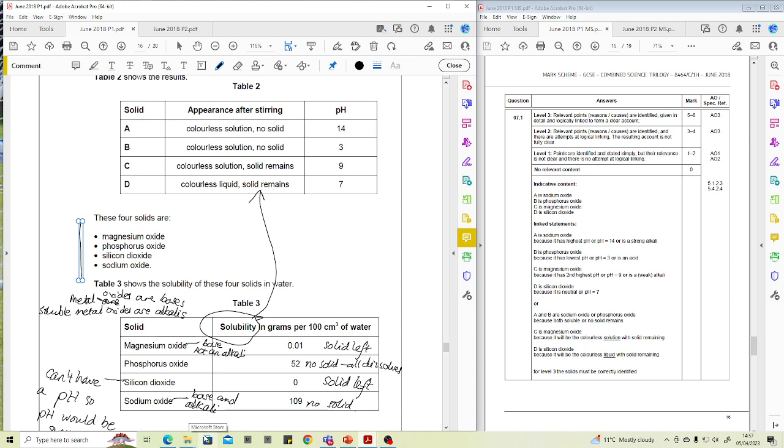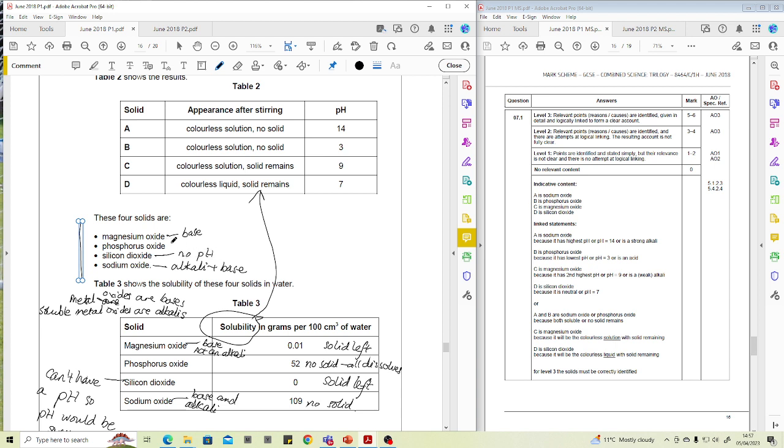I think we have enough information now to work it all out. So we're going to say that this one is a base, this one is an alkali plus base, and this one no pH.